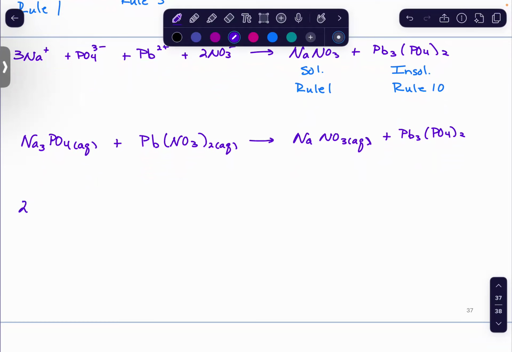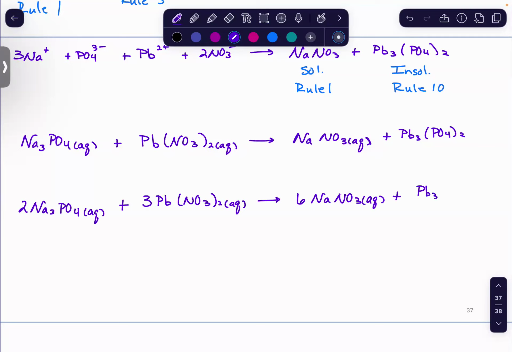So once you get this balanced, you're going to have 2 of your sodium phosphates, 3 of your lead 2 nitrates, 6 of your sodium nitrates, and 1 of your lead 2 phosphates.